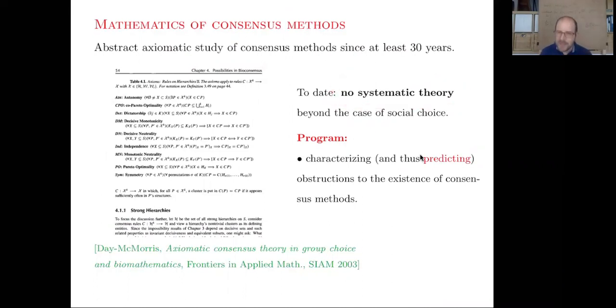And so this way to treat mathematically, for example, these maps of semilattices, the reason why they exist or not, would give us a characterization of obstruction and maybe a prediction, right? So algorithms like this regular Pareto stable do not exist, but since I know the obstruction, I can at least say, well, maybe I can modify the properties and find some algorithm with that other property. Okay? So that's the program.